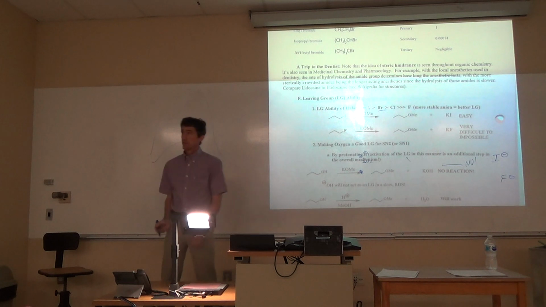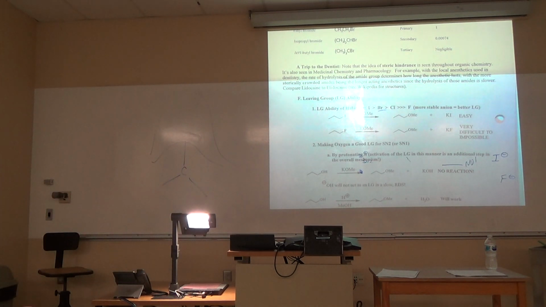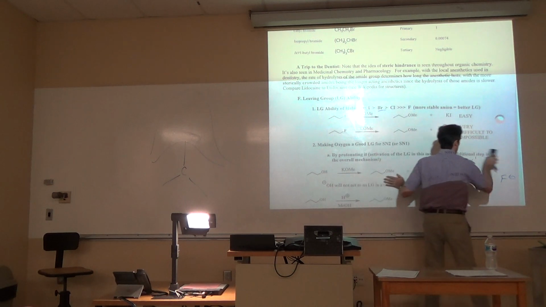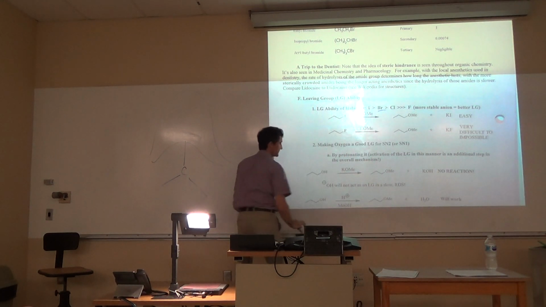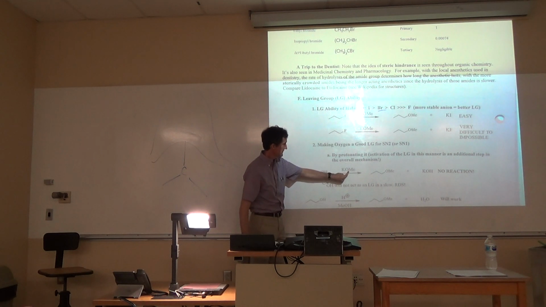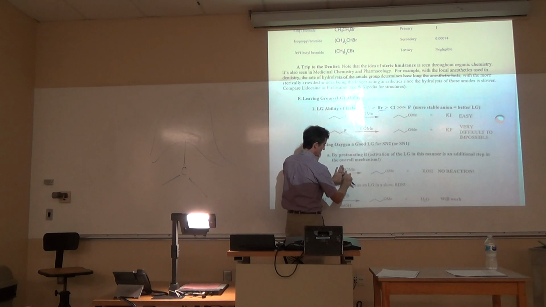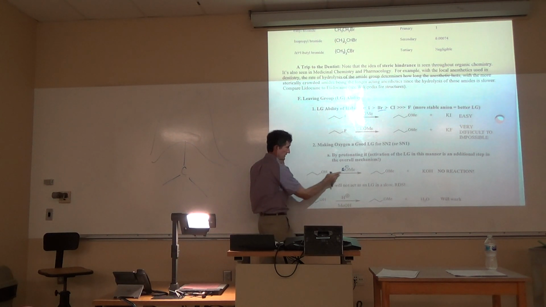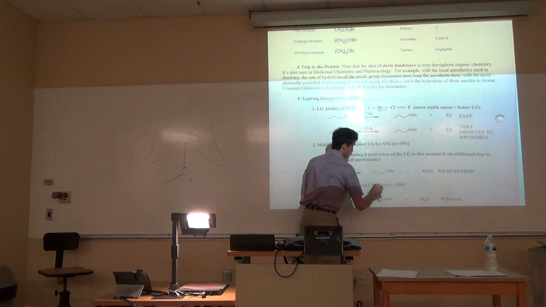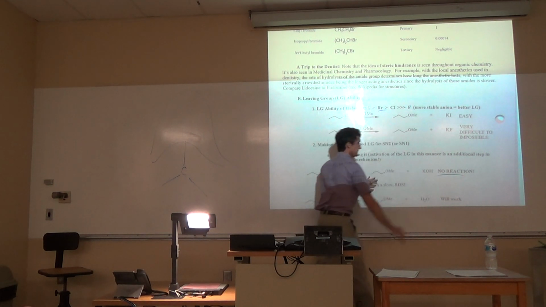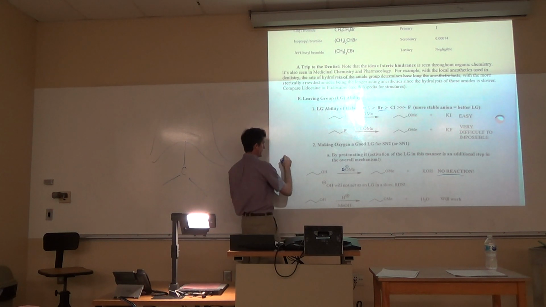What about other atoms? Can atoms other than halogens be leaving groups? What about oxygen? Try to do the same reaction here with methoxide. Replace the hydroxide. This comes in here and kicks that off. No reaction. What does that tell us about the OH group?